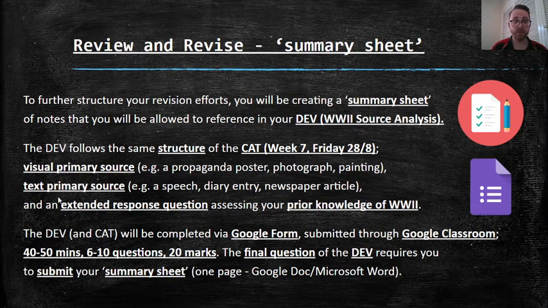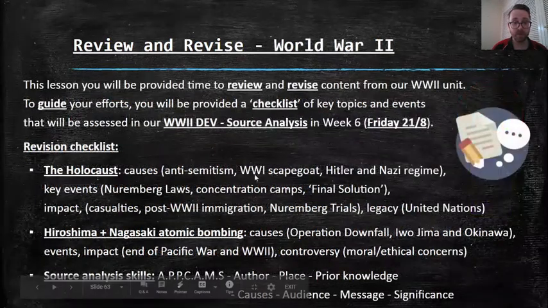And then finally, section 3 or C, you have an extended response question. So you've got a couple of questions about a visual source, a couple about a little paragraph, and then an extended response question, which brings it all together. It talks you through the sources, but you're also expected to flex your prior knowledge of World War II. So that's where this checklist will come in handy.